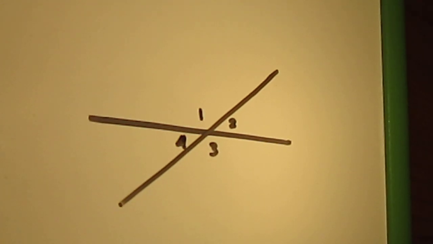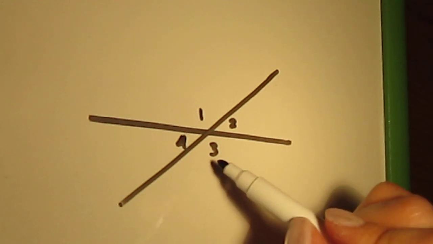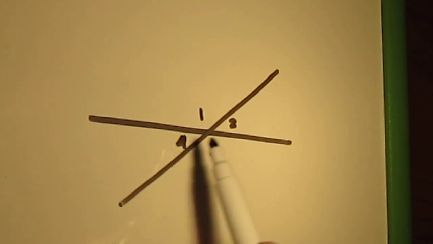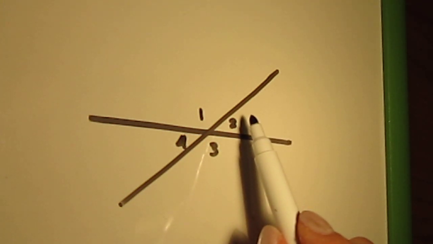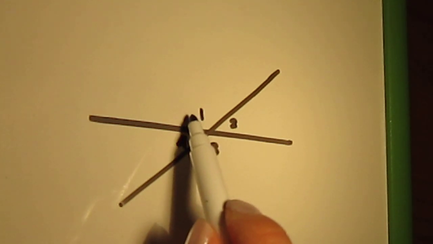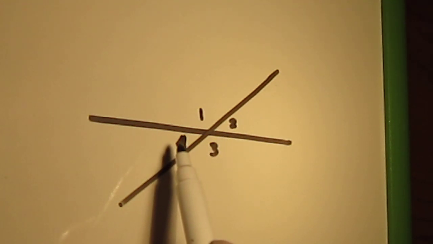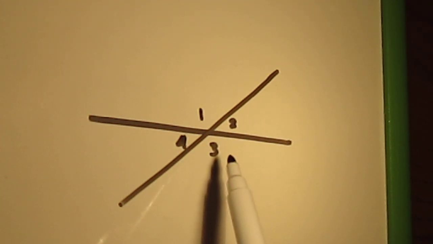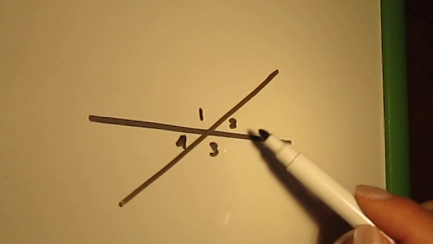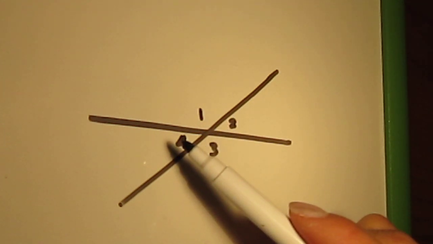We said that angle 1 is vertical to angle 3. Angle 4 is vertical to angle 2. What else did we learn? We learned about adjacent angles. Angle 1 is adjacent to angle 2. Angle 4 is adjacent to angle 3. Do you see any other adjacent angles? Angle 3 is adjacent to angle 2, and angle 1 is adjacent to angle 4.